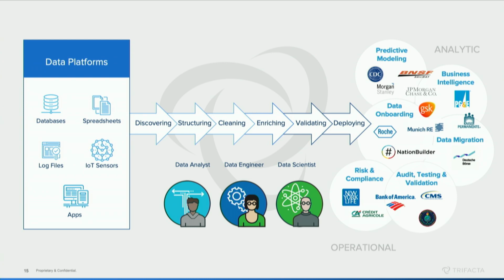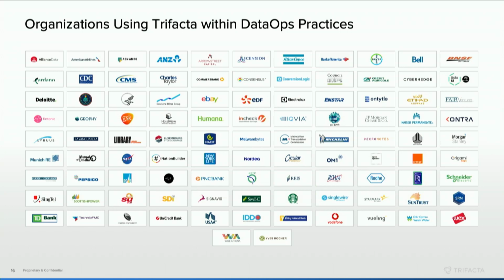From a customer's perspective, our technology is used across all sorts of verticals, be it governments, financial services, insurance, telcos, people like NASA. A wide variety of different organizations are using the technology for multiple use cases.